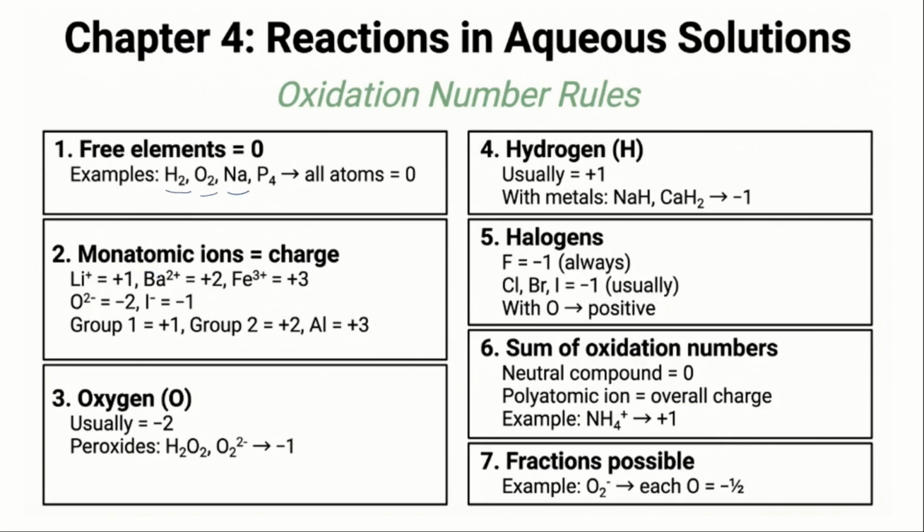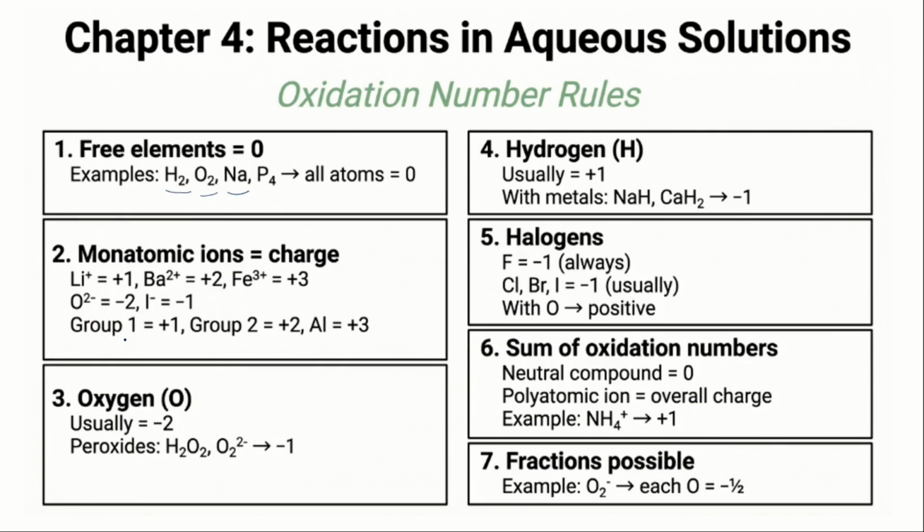Number 2 says for ions composed of only one atom, that is monoatomic ions, the oxidation number is equal to the charge on the ion. Thus, lithium has an oxidation number of +1, barium +2, iron +3, and so on, even oxygen -2.